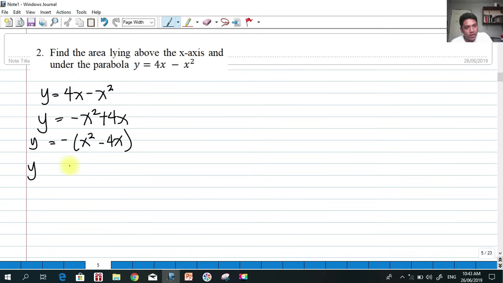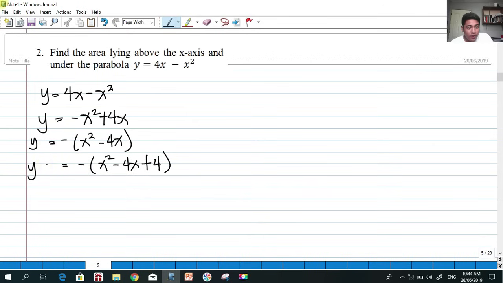So y would now be equal to negative, if we perform completing the square here, what will happen? Divide this by 2, it would become negative 2, and then you square the negative 2, that would be plus 4. Okay? And if we add 4 here, we must also add 4 on the other side of the equation. But take note, we have a negative here. So technically, when we add 4 here, we are actually subtracting 4.